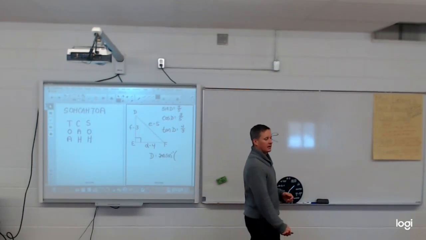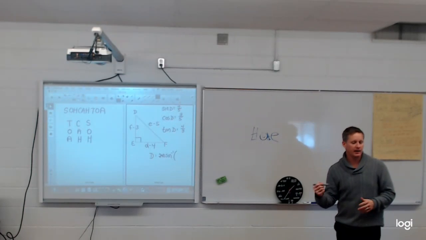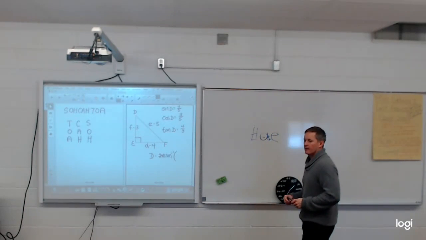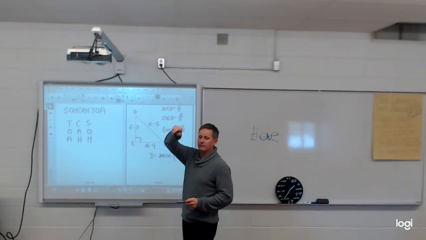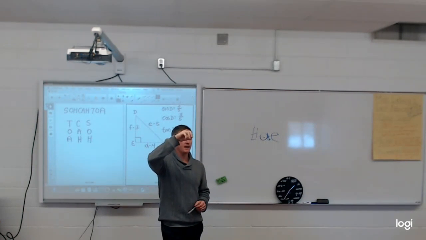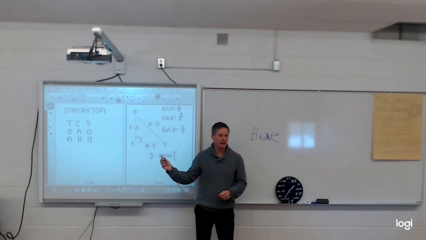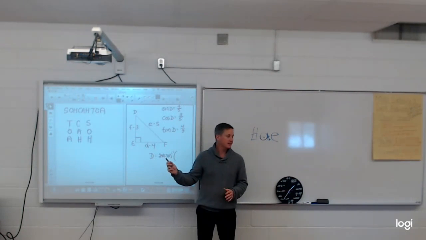Hit second function or shift, depending on your calculator, and then sine. Look at the little word just above sine. What does it say? Sine minus 1. Everybody sees that?